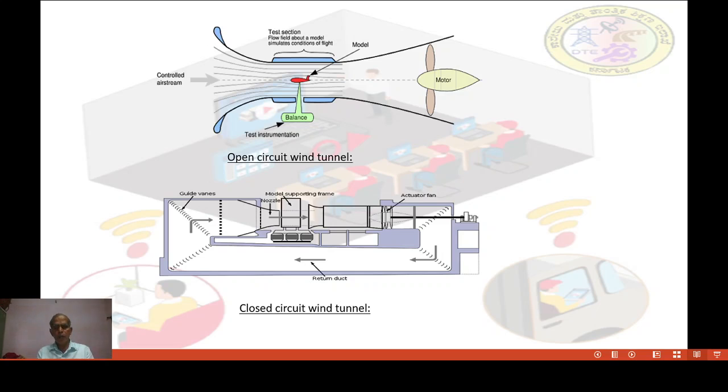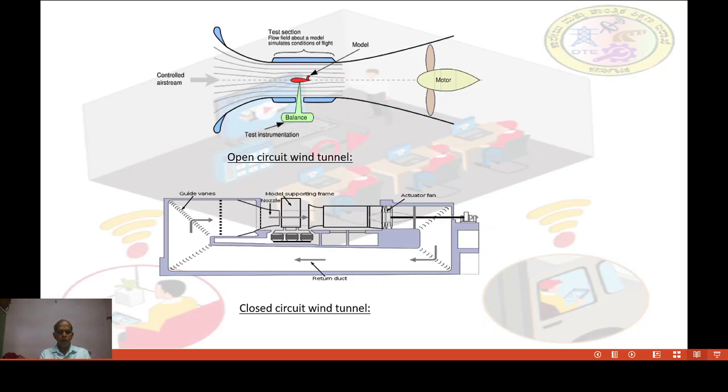Model supporting frame is there. Nozzle is there to increase the speed. Again, an actuator fan is there to suck the air, and again it is applied to the inlet. Return duct means the passage to connect the outlet and inlet of the system.